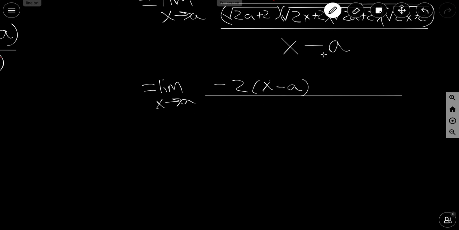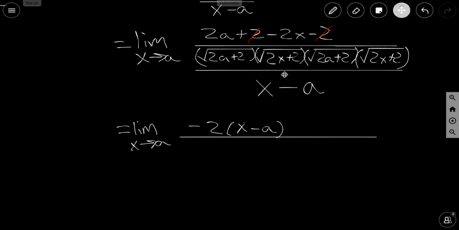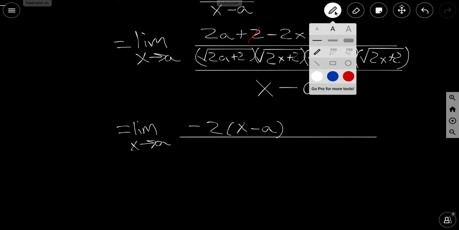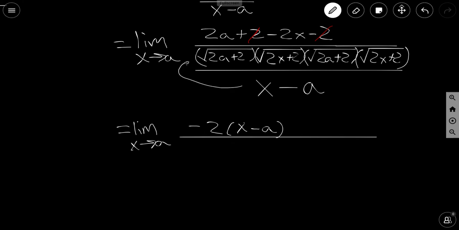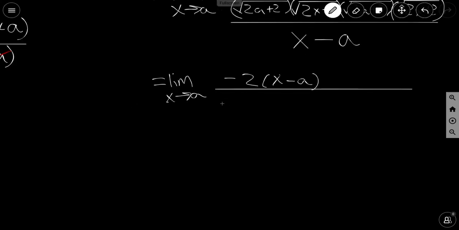And then that will let me cancel out this bit right here, because I'm going to be bringing it up here, essentially. Let's go ahead and write it out.